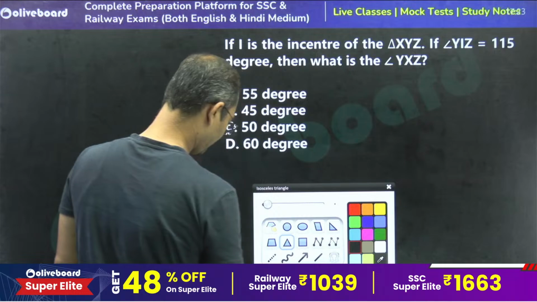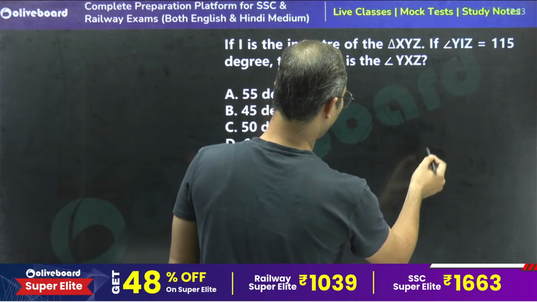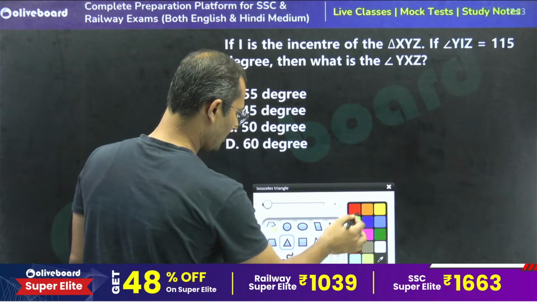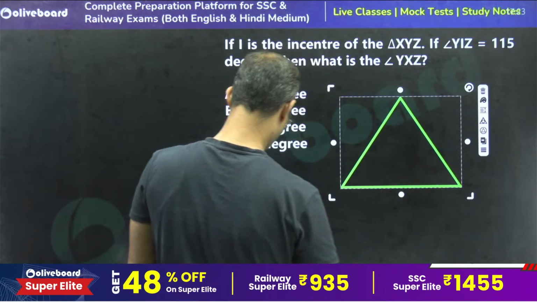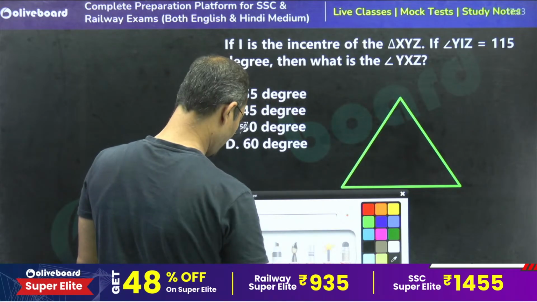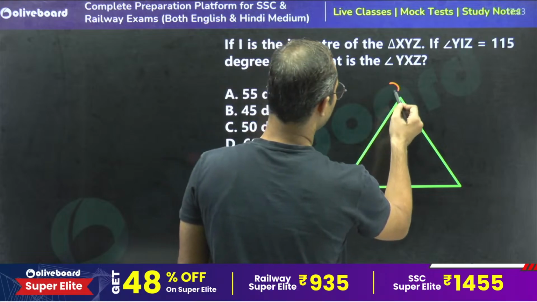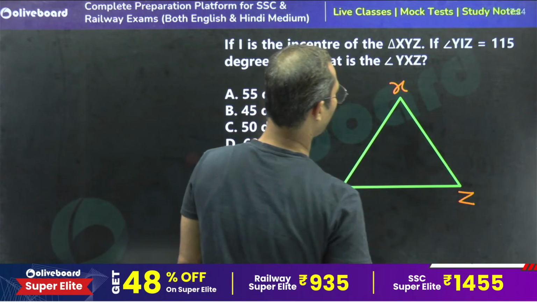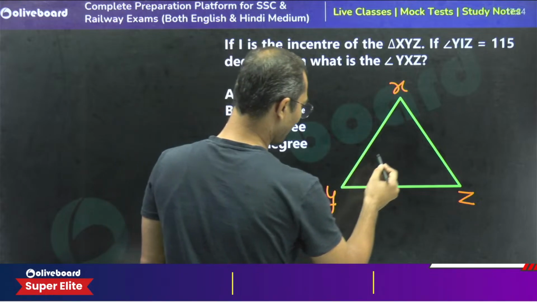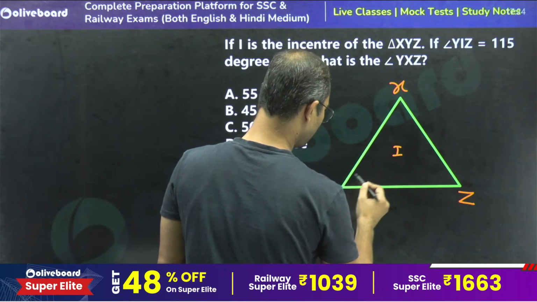See, we have a triangle. This is the triangle, right? And the name of the triangle is XYZ, and I is the incenter.